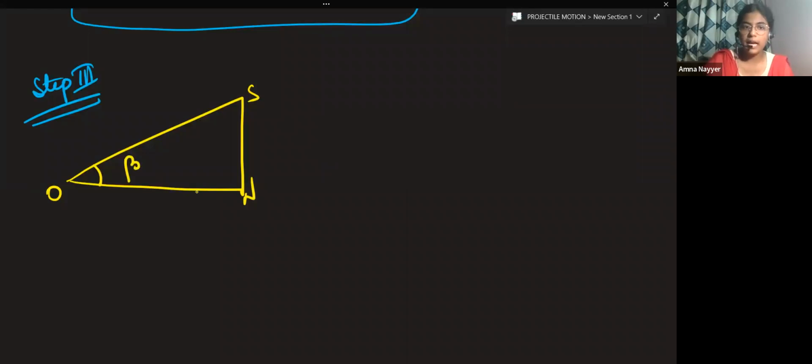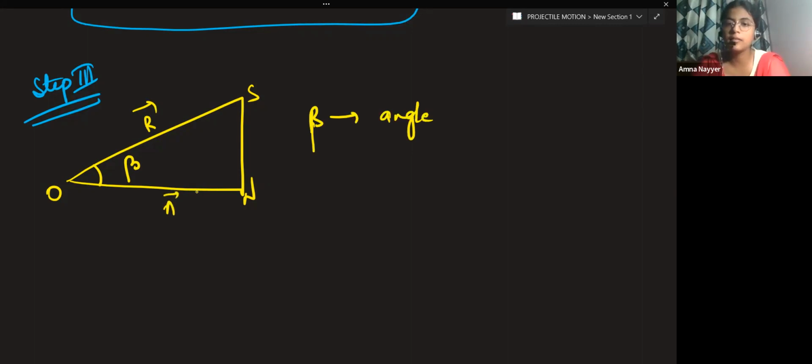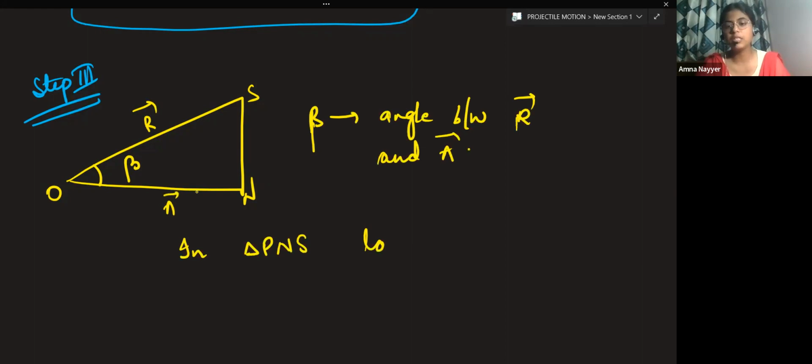Angle that the resultant makes with one of the vectors. So beta is the angle between resultant and the vector. Now, in this triangle PNS, if you see tan beta, this was the perpendicular, this is the angle.